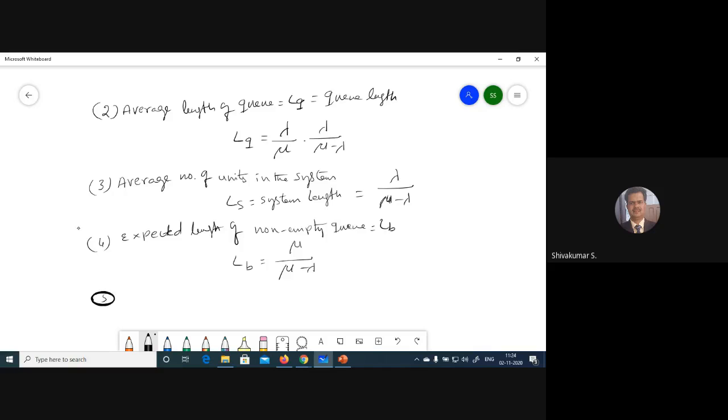Fifth one, the average waiting time of arrival.